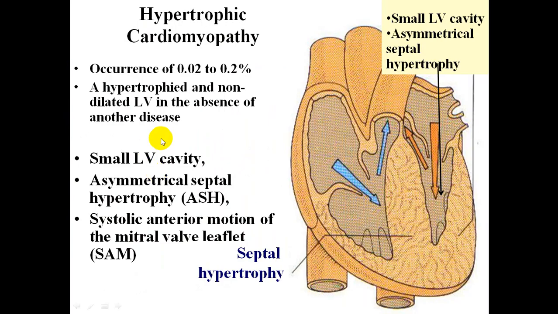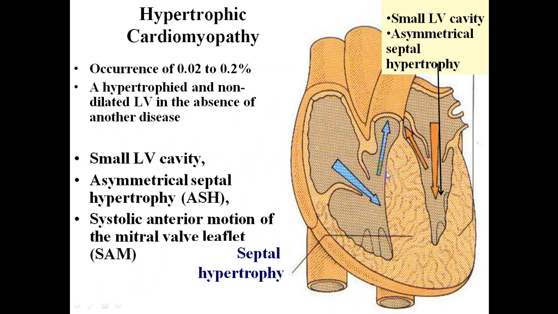This occurs with hypertrophy and a non-dilated LV in the absence of other disease, as we said: aortic stenosis, hypertensive heart disease, athletic heart. There is a small LV cavity, asymmetrical septal hypertrophy, and we see systolic anterior motion of the mitral leaflet, which is called SAM movement.